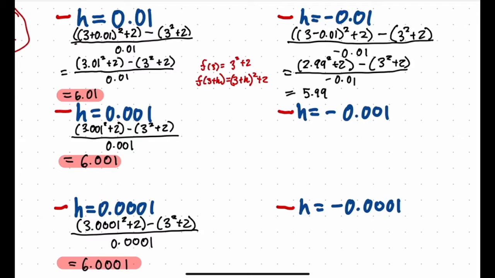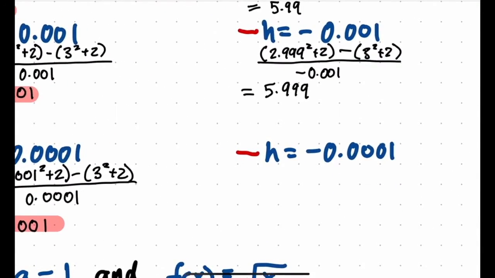So we can write it out as 3 minus 0.001 now, so 2.999 squared plus 2, minus 3 squared plus 2, over negative 0.001, which equals, if you have a calculator, feel free to input it, 5.999. Okay. Again, even closer to 6.